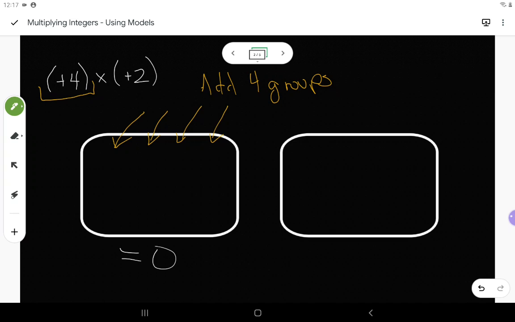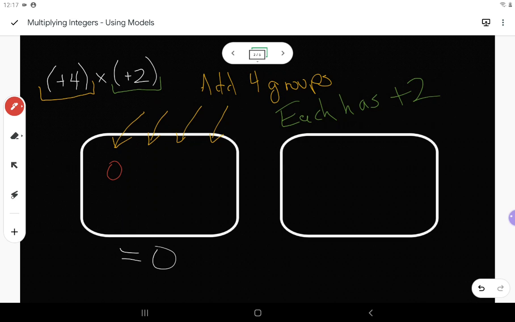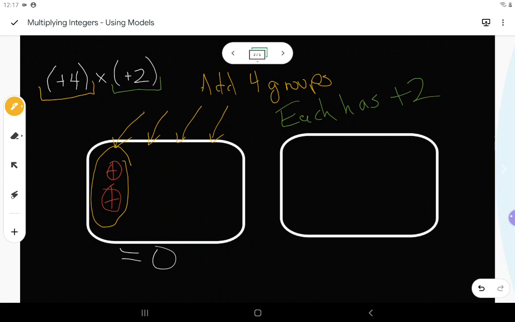Each group has +2 inside of it. So I'm going to add in 4 groups, and each group is going to contain 2 positive integers. Here's my first group, where I've got 2 positive integer chips, added onto the table. Then I do the same thing again: I add in 2 more positive integers, and then again 2 more, and again.